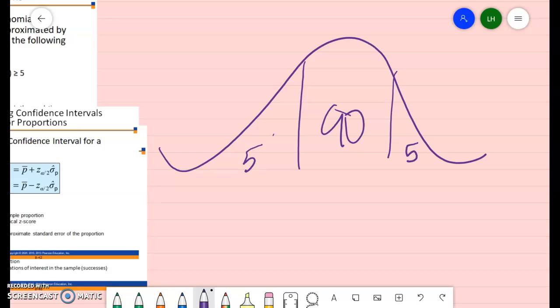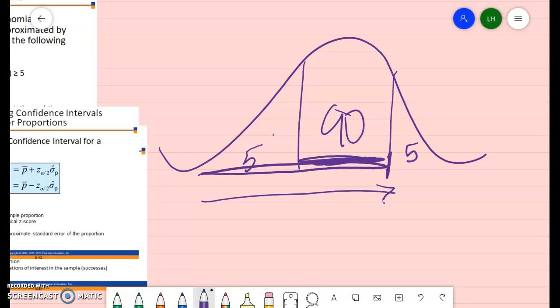To get my confidence interval, I need to get this z-score right here because I need to know what value that is. So what I'm going to have to do is add 90 and 5 together and get 0.95 to get this z-score that goes right here.